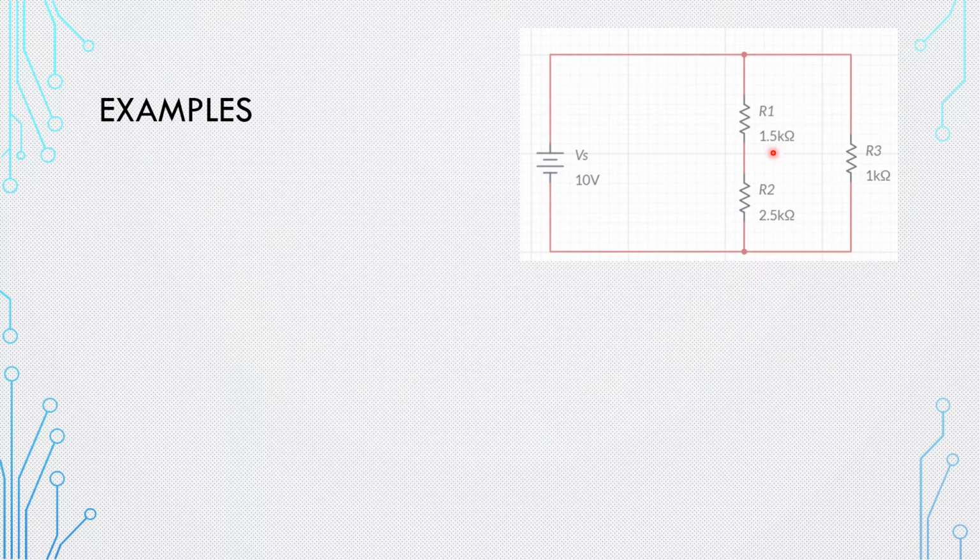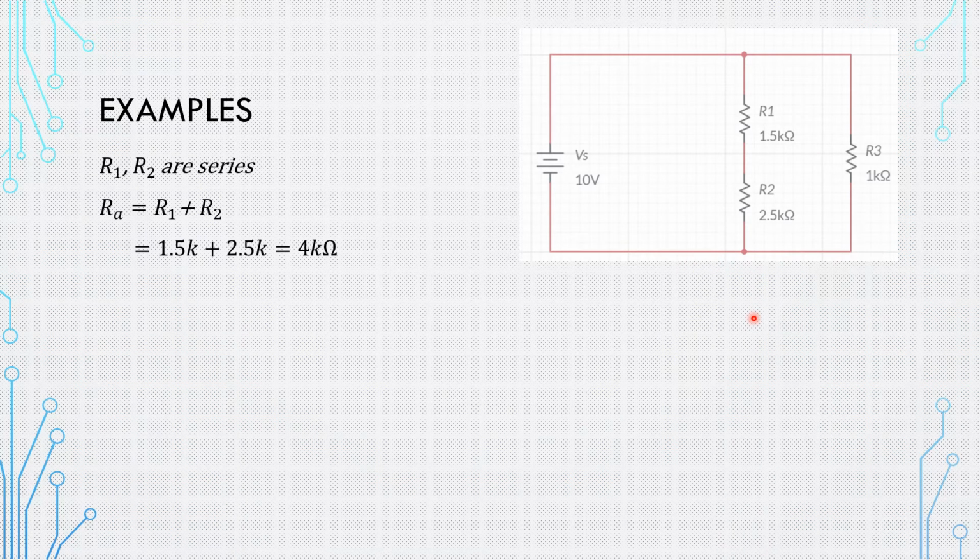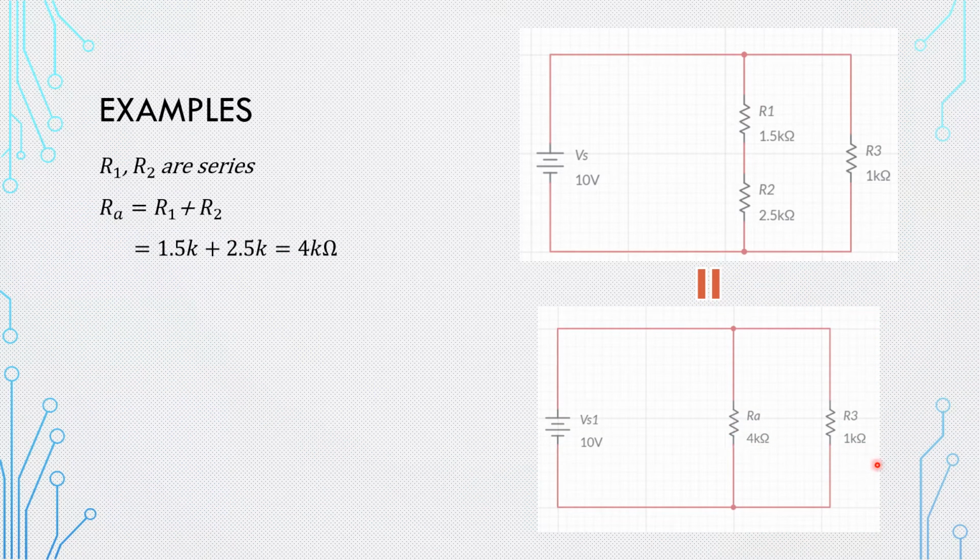Again, I'm going to convert them to one resistor, find the voltage across this resistor, and apply VDR since I have a series circuit. So what I did now is convert these two resistors to one resistor. I'm going to have a pure parallel circuit here.